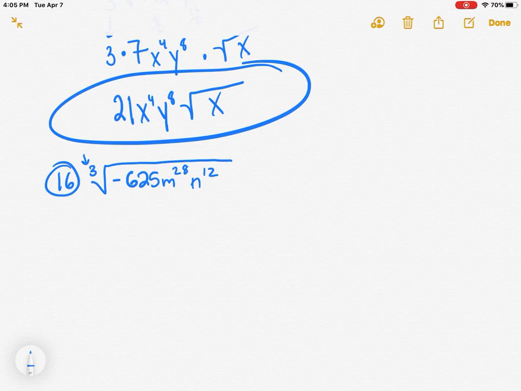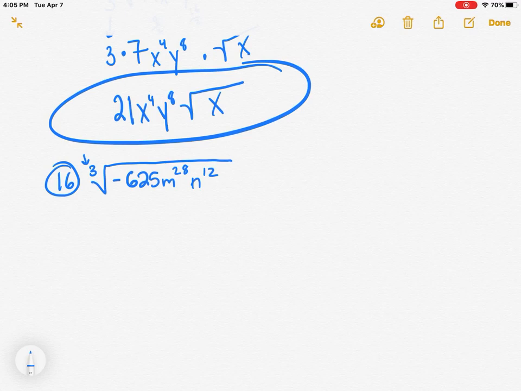We have to take some amount of m's out of there in order to make it a multiple of 3. Now, is 12 a multiple of 3? Yes, we don't have to take anything out. Okay?